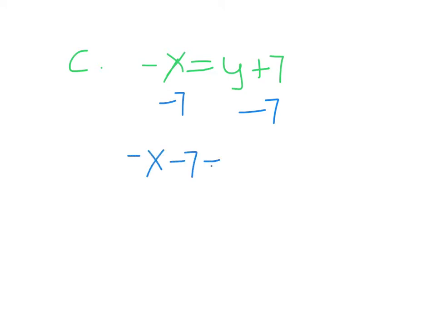Okay, let's do, we have negative x equals y plus 7. Okay, already you should be able to recognize this one. But let's get the y by itself. So move that 7. I'm going to subtract 7. So I get negative x minus 7 equals y, which is the same thing as y equals negative 7 minus x.